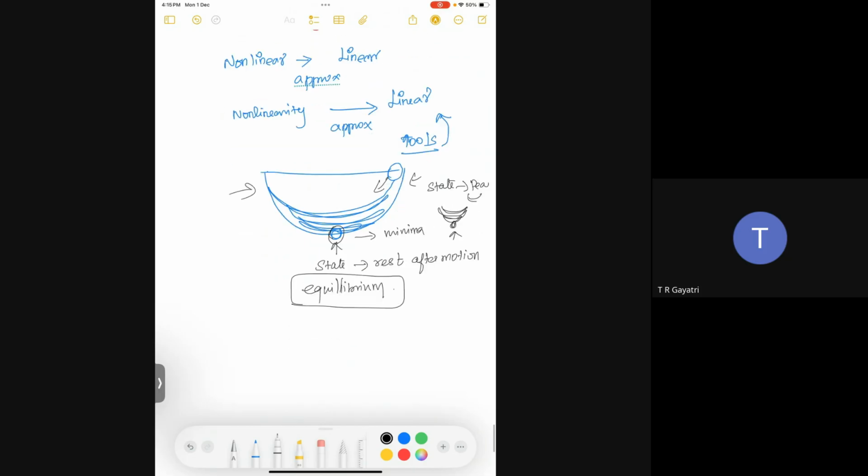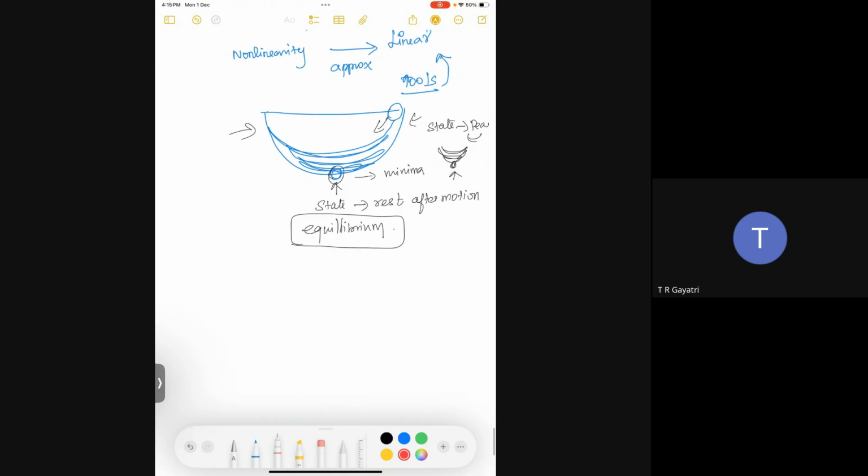So now, this approximation I told you about, non-linear to linear, will always be done at this equilibrium point. Why so? Because we are sure that at this point the system won't have any internal changes. Until there is any external disturbance or input force, the system itself won't change. I know about it.